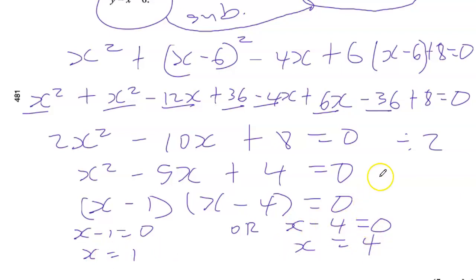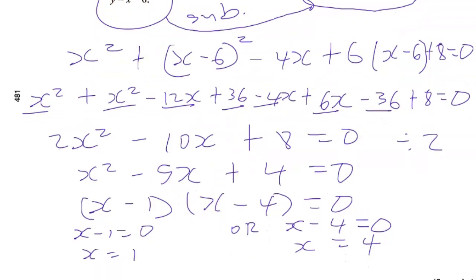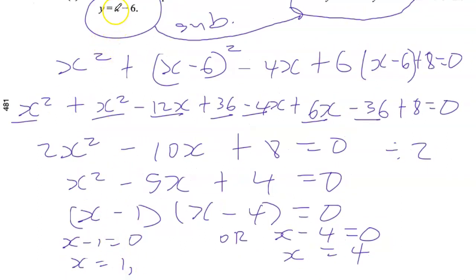Now to get the corresponding y value, we know that y equals x minus 6. So we can just substitute each x value into y equals x minus 6. So if x is equal to 1, then y would be equal to 1 minus 6. That's negative 5.